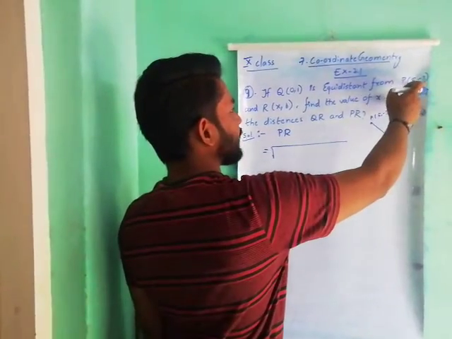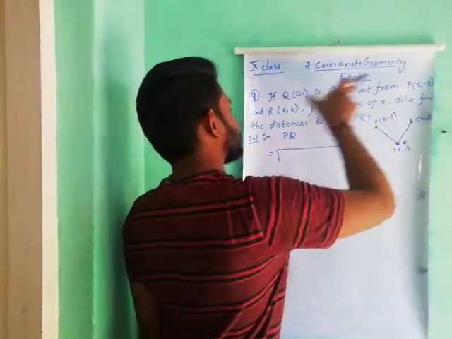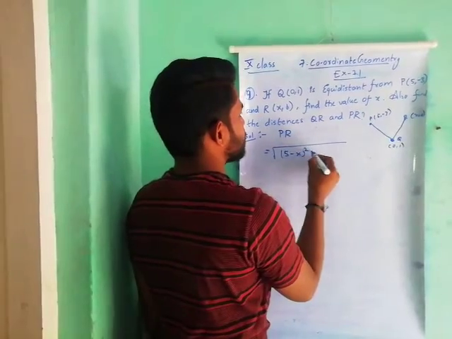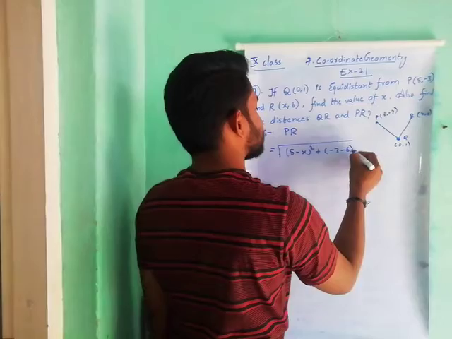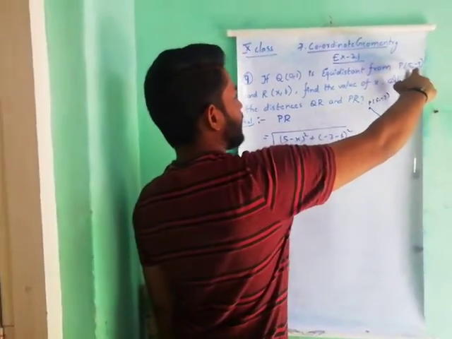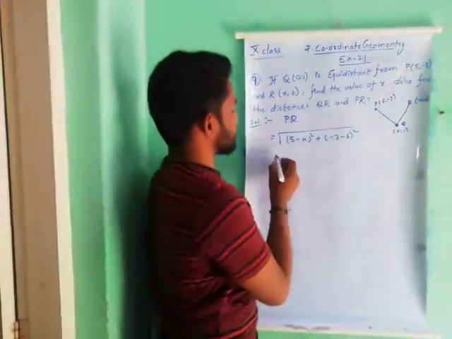Here P is (5, -3) and R is (x, 6). X coordinate difference whole square, (5 - x) whole square, plus y coordinate difference, (-3 - 6) whole square. Don't neglect the sign: here it is minus 3, y1 minus y2, and y2 value is 6.